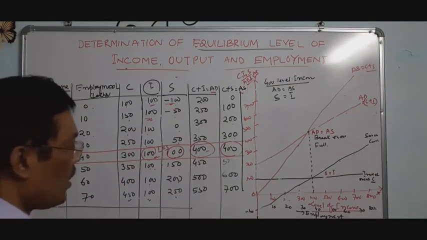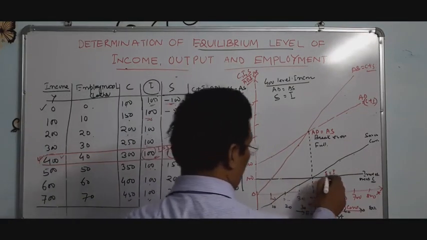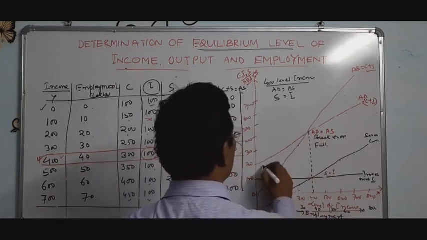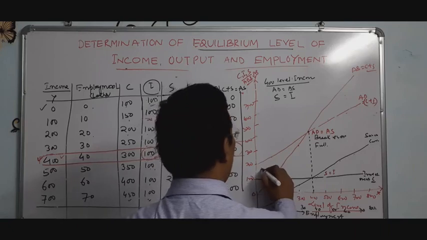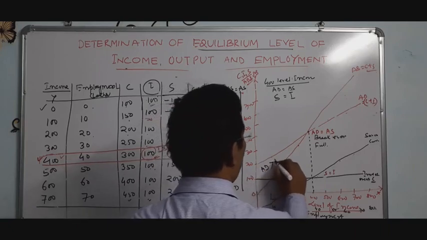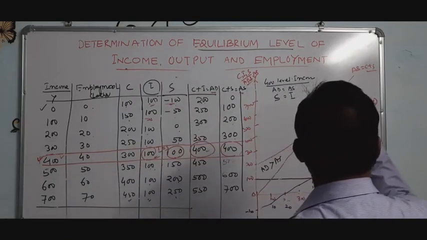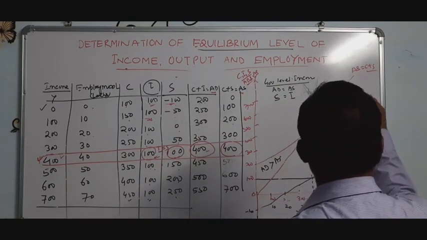And before that, I was going to discuss saving equal to investment. So before this, here that AD is greater than AS and here AD is less than AS.